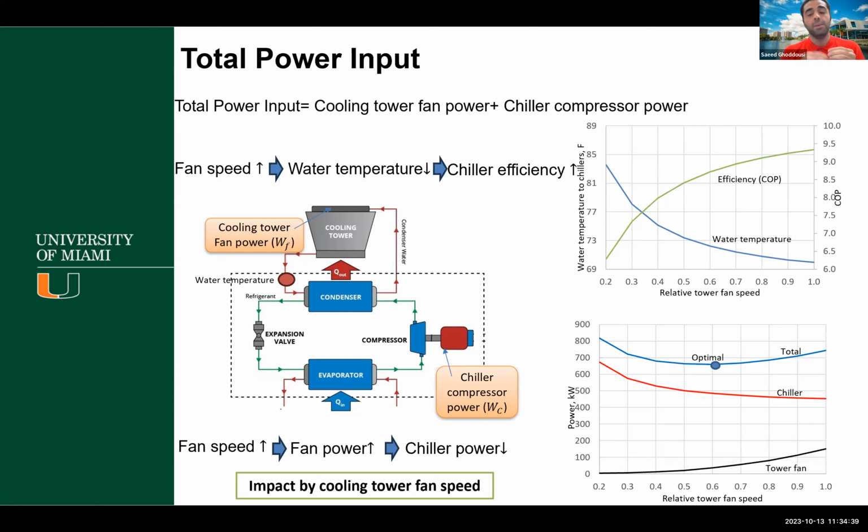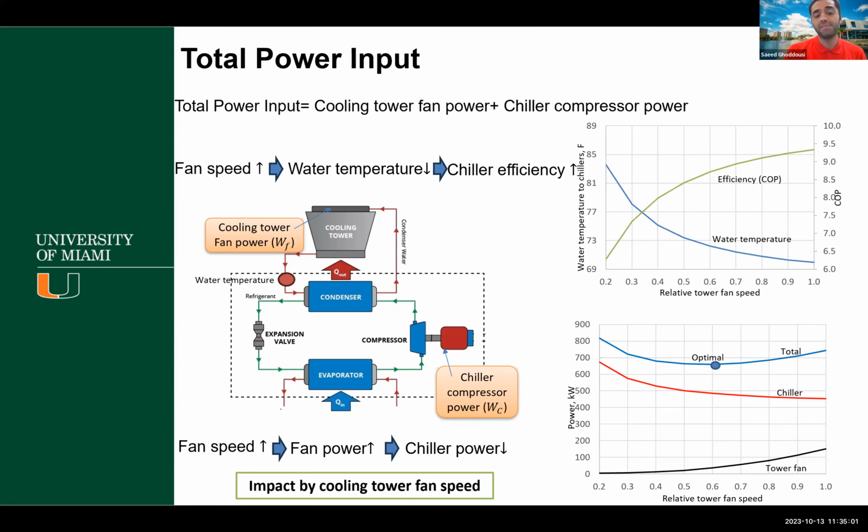But as you can see in the right-hand side top figure, chiller efficiency depends on the leaving water temperature, the water entering the condenser, and you can see that by having a lower temperature, we have a higher efficiency of the chiller, which means that our chiller needs less energy, right?